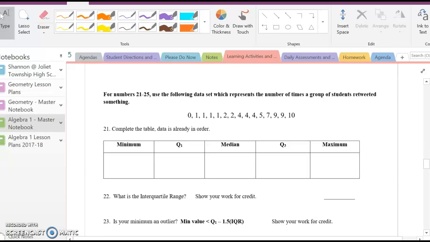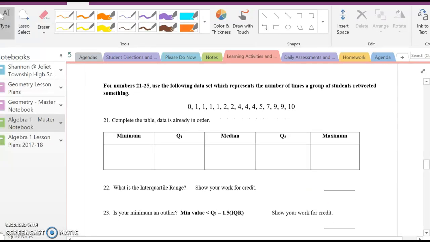For number 21 through 25, you had to use the data sets that were already in order. So the minimum is 0 and the maximum is 10. Then you needed to compute the median. We already did that before, so you should see this is pretty simple. Here we are, one median at 4.